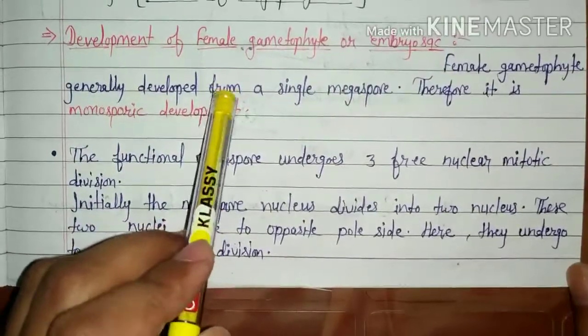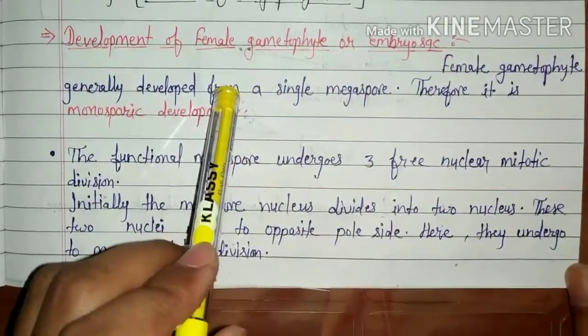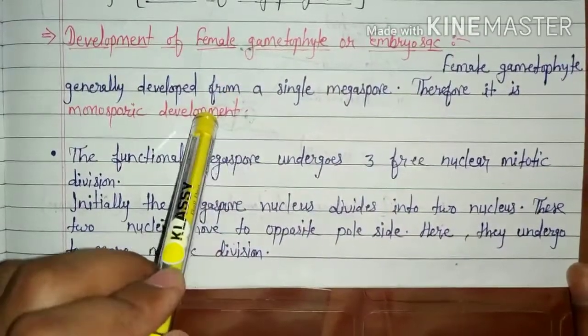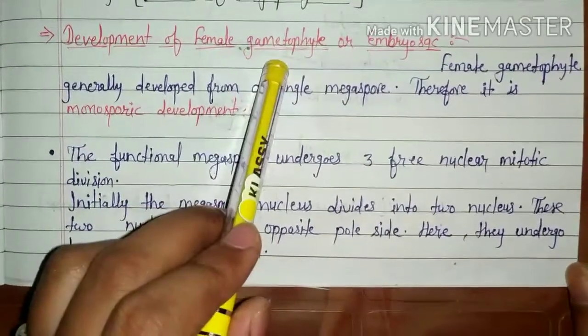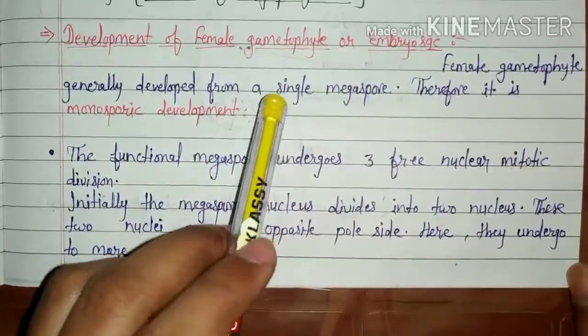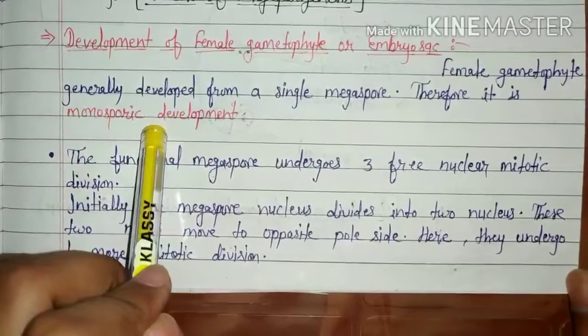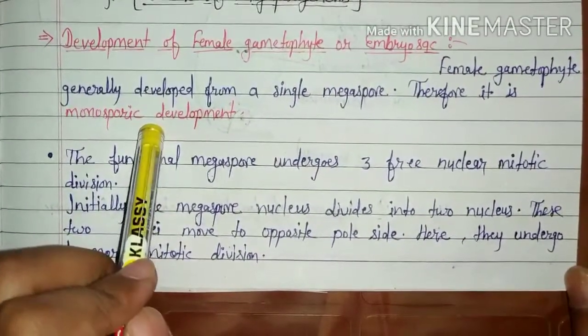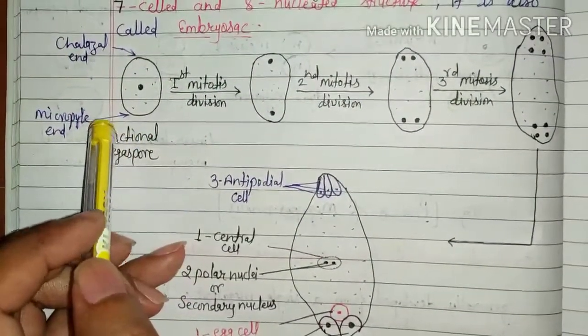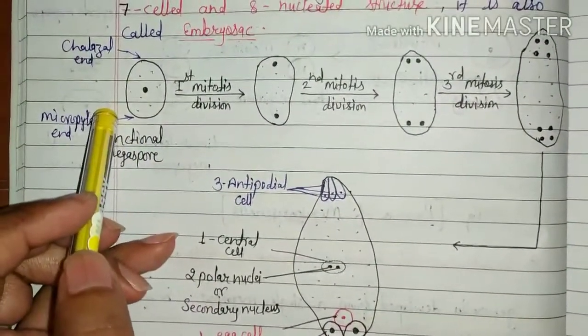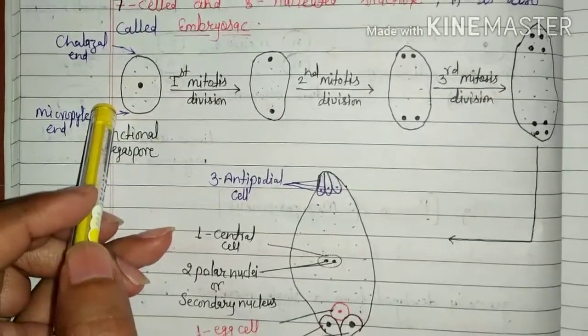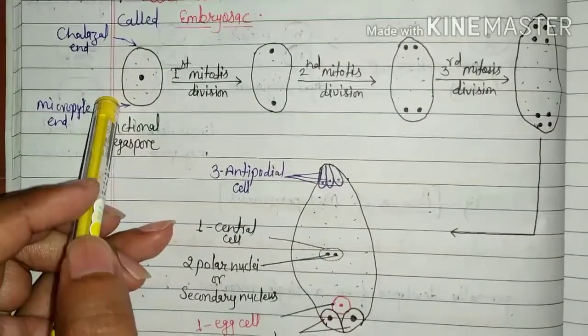It means one functional megaspore is converted into the female gametophyte. It is called monosporic development of the female gametophyte. Let's see the process of female gametophyte development.